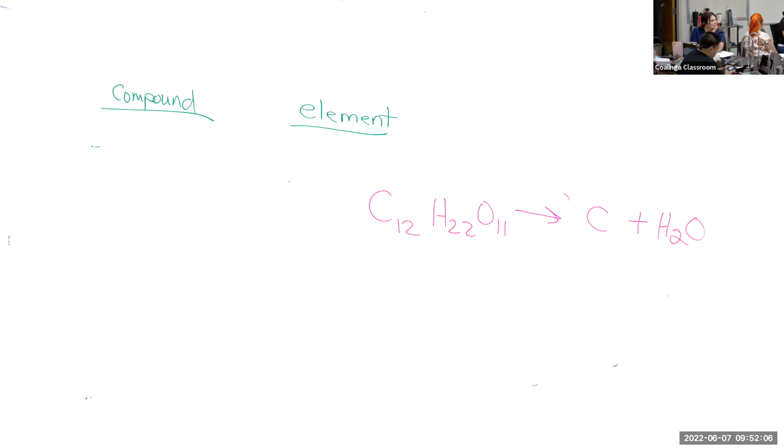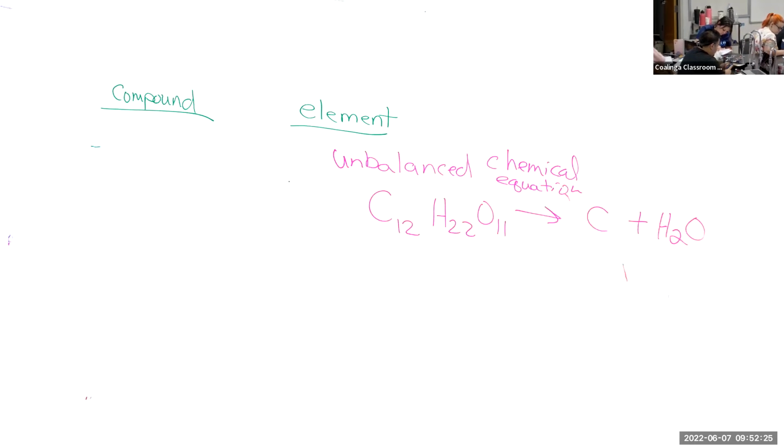Now, this here is a chemical equation. This is what we call unbalanced. So what it means is that although it's a chemical equation, it's not right. We need to fix it, right? Let me show you how to fix it.